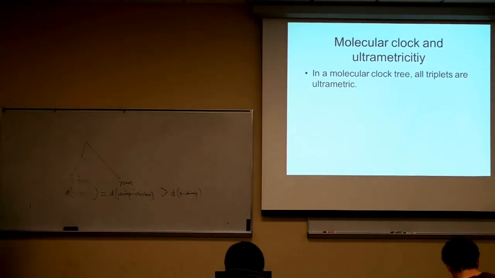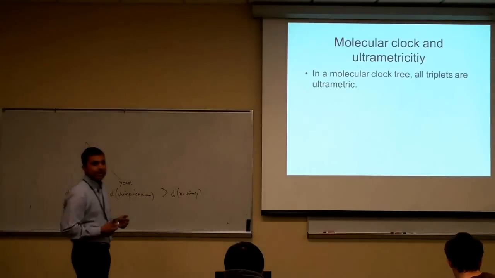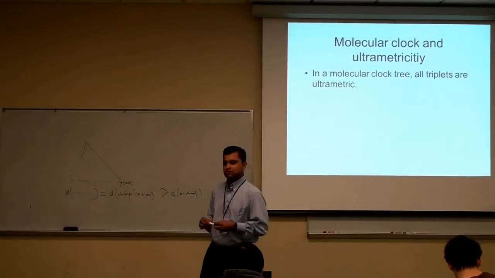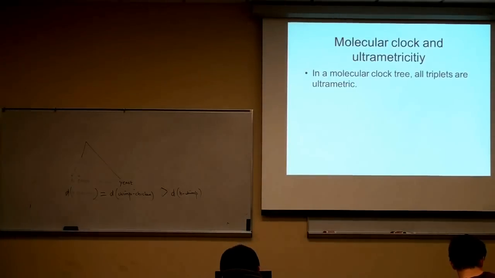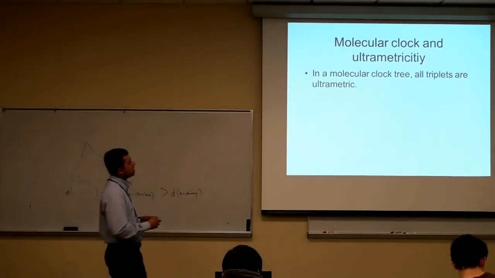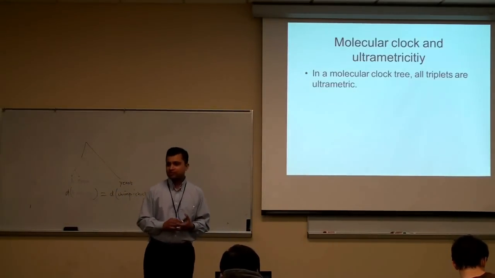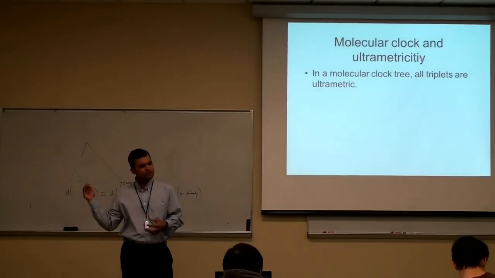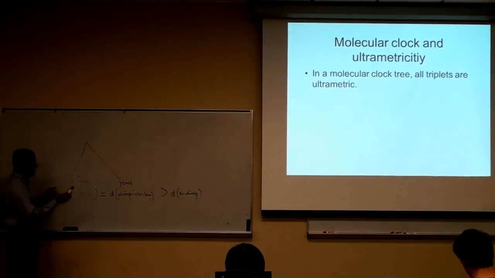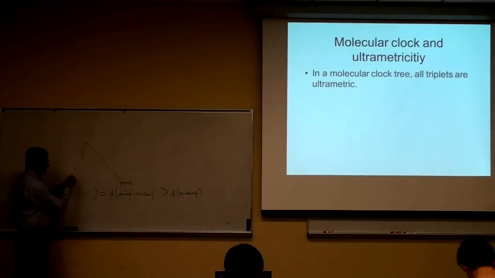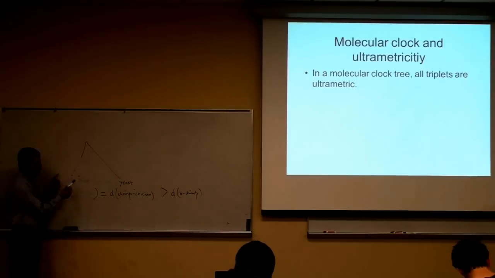Okay, so here's the relationship between the two concepts I introduced, that of molecular clock and ultrametricity, which is misspelled here. In a molecular clock tree, all triplets are ultrametric. And that's kind of obvious from here, right? The way I introduced a molecular clock tree, take any triplet.